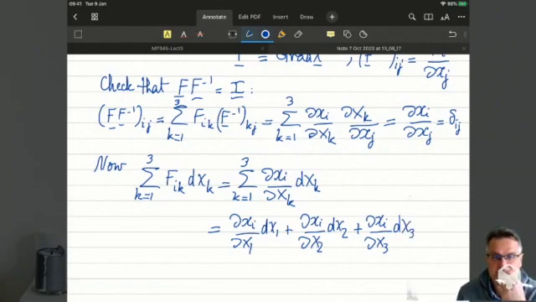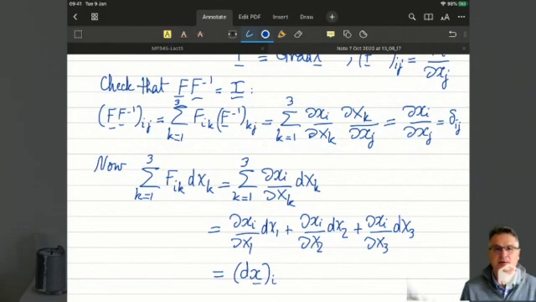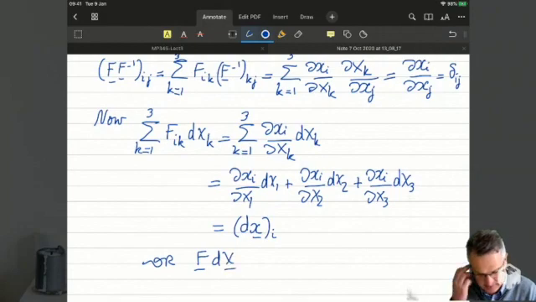And here I can see that this is none other than the i-th component of the full derivative of dx. Yeah, what I've shown here is that F dX is d little x.